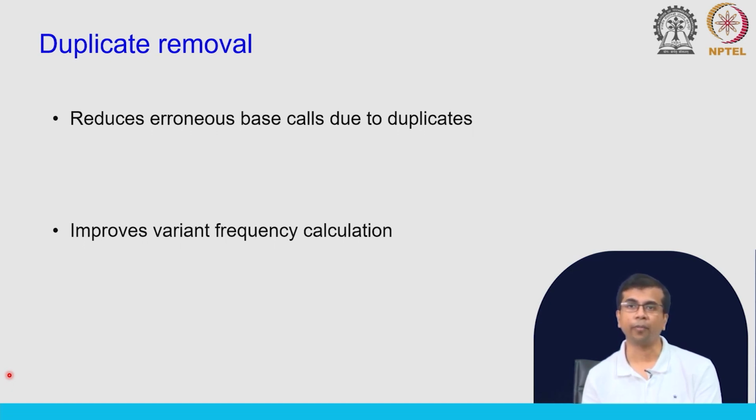For example, if you have a duplicate that is showing a true variant, but it is repeated multiple times, and you are calculating the frequency of that variant in a population, the presence of these duplicate reads will change the frequency calculation. So, we need to count these duplicates as just one read. Otherwise, we might overestimate the frequency of a variant in the population.